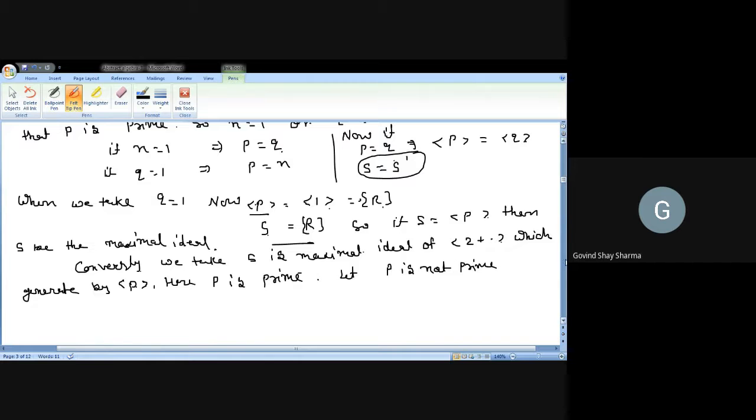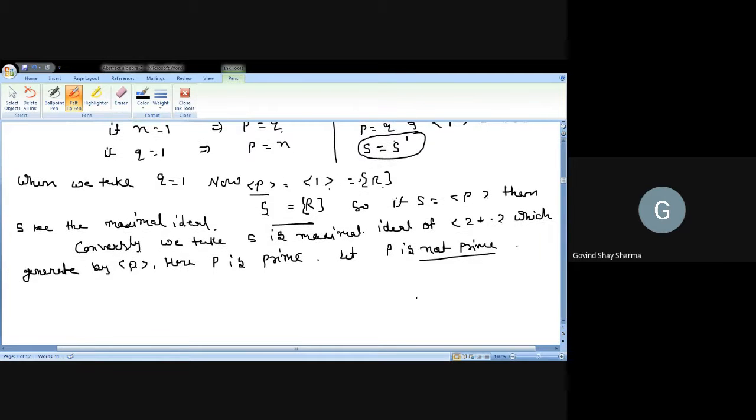So let P is equal to AB, a composite number we assume, where A, B are both not units.